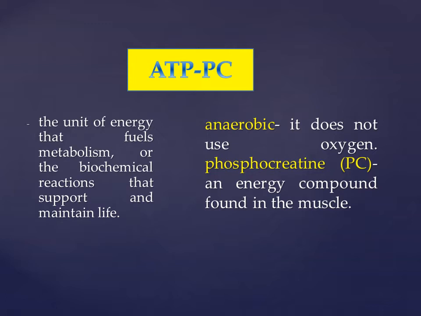When the body's supply of ATP is depleted, or shall I say reduced, which occurs in a matter of seconds, additional ATP is formed from the breakdown of phosphocreatine or PC, which is also an energy compound found in the muscle.